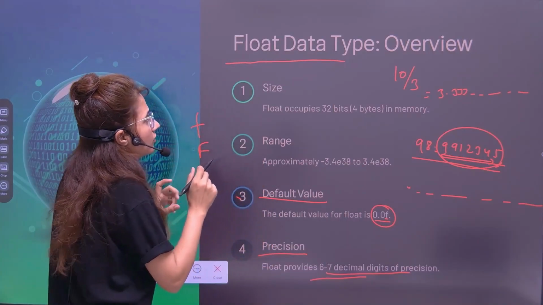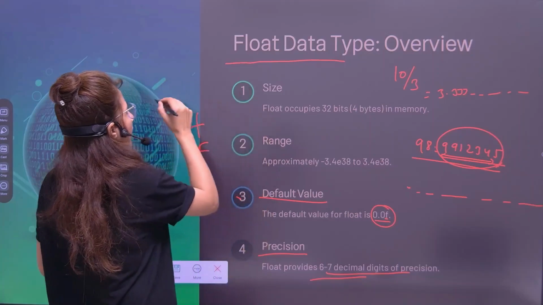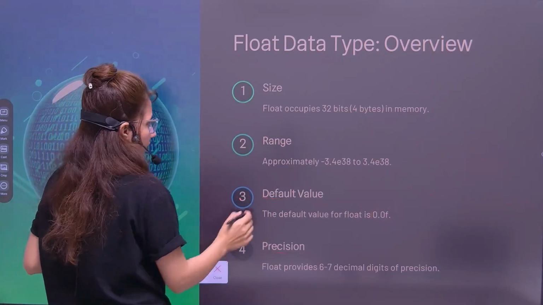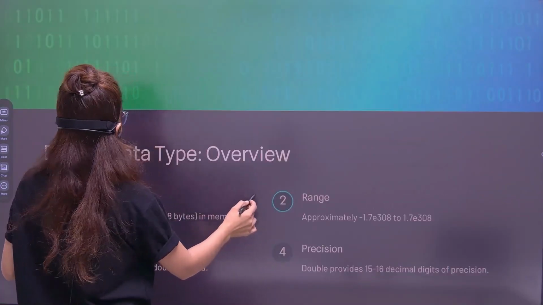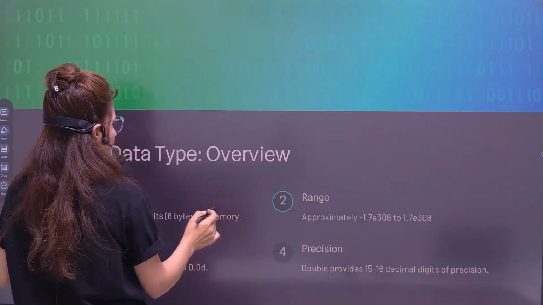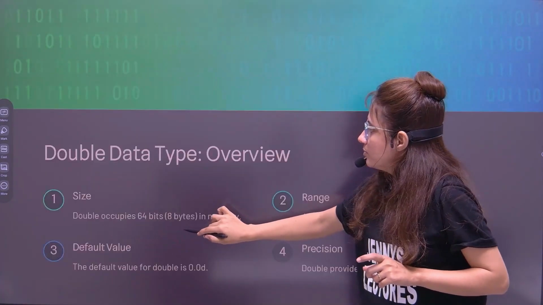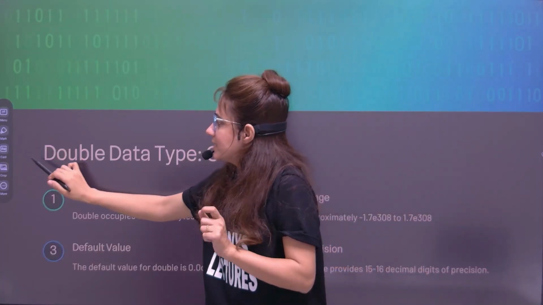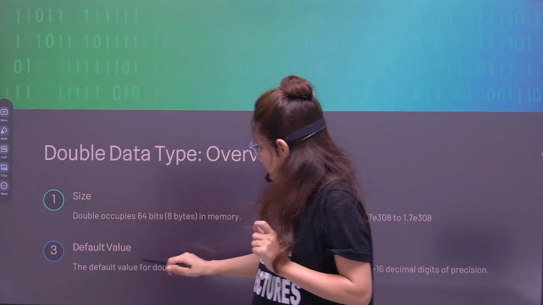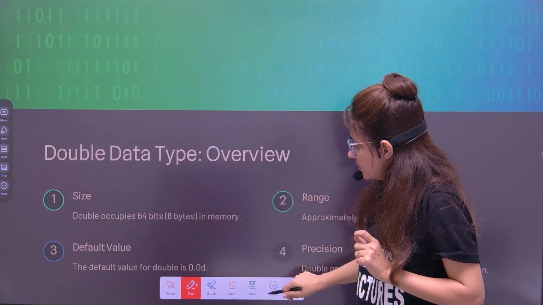Now what about the double data type? Let me just show you that slide first. This double data type occupies 64-bit memory, meaning 8 bytes.